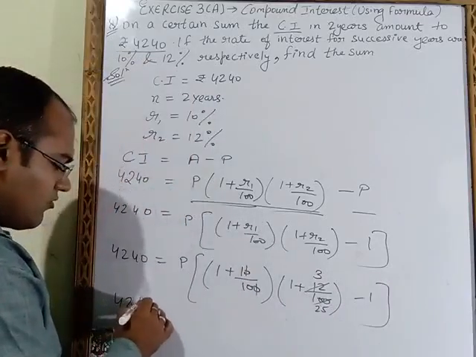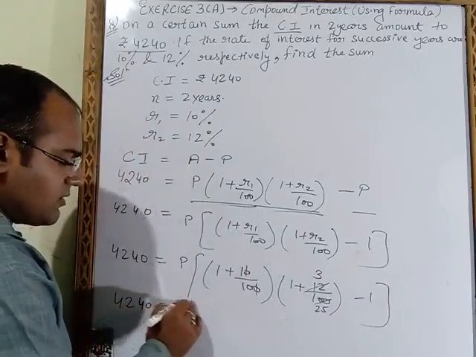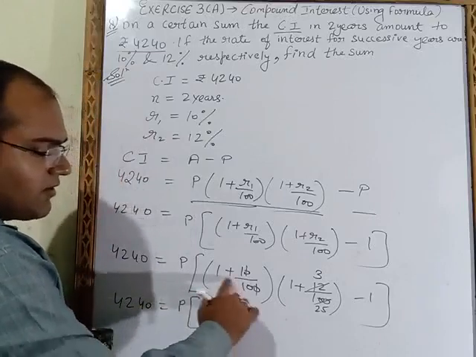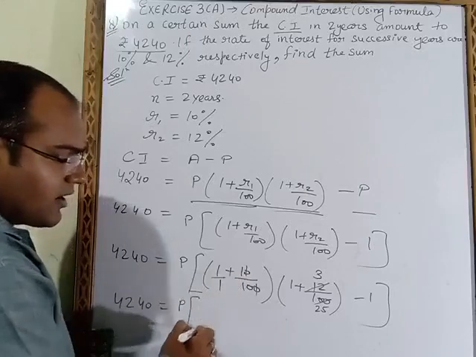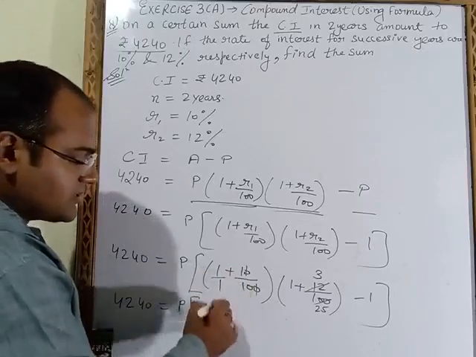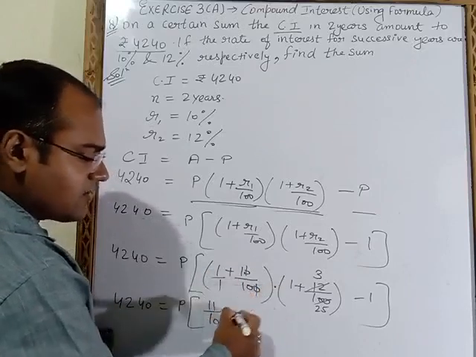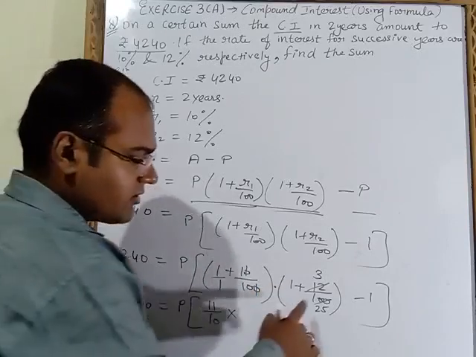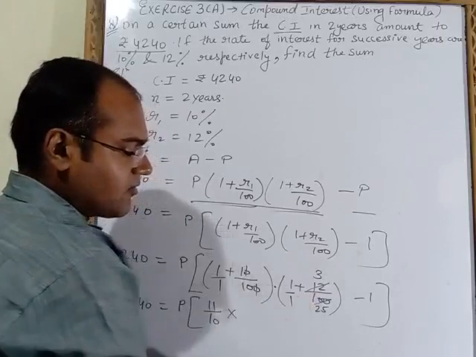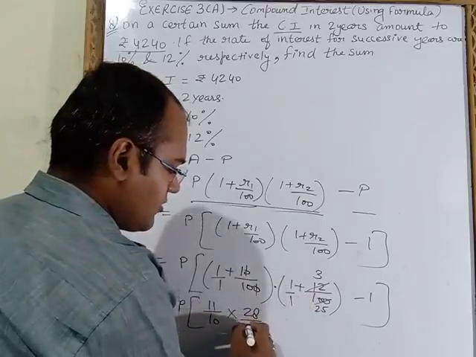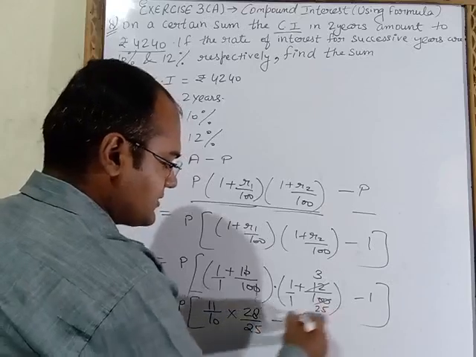Now 4240 is equal to P bracket. When we will take LCM here and add these two, answer will be 11 upon 10. Here no sign is there in between, that means multiply sign we have to take. After taking LCM, on adding it we will get 28 upon 25 minus 1.